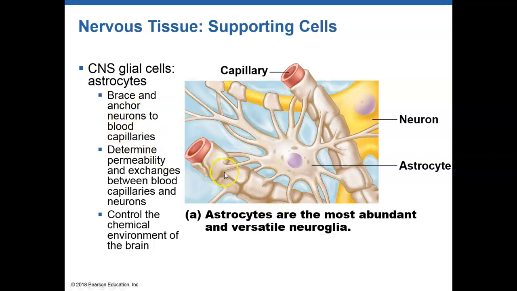So this actually produces what we call a blood-brain barrier. Its major job is to control the chemical environment of the brain. Materials can't just move from the blood into the brain. They have to make it through the astrocyte as well, so it makes it a little bit harder for stuff to get through. Astrocytes are the most abundant of all of our neuroglial cells, not neurons, sorry.